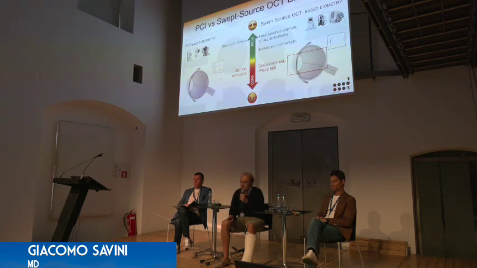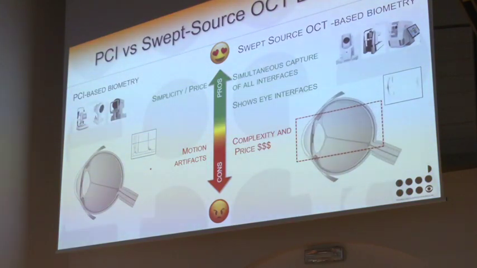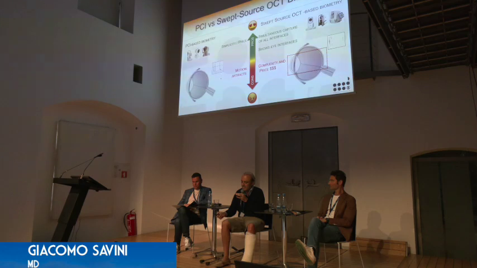And it does not suffer as much as PCI from motion artifacts because you have simultaneous scans of the whole eye. The problem is that this is an expensive technology and is quite complex.